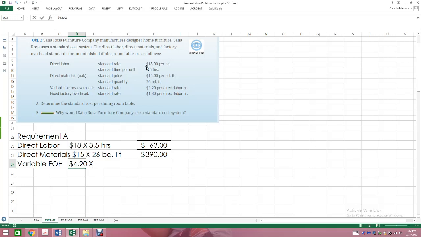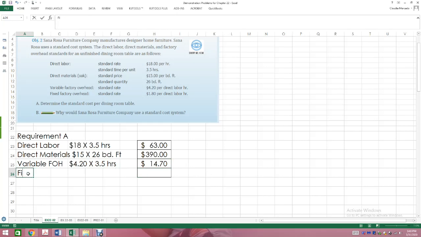Well, we have 3.5 direct labor hours. So we're going to multiply by 3.5 hours. So it's $4.20 times 3.5 hours. That gives me $14.70 in variable factory overhead.